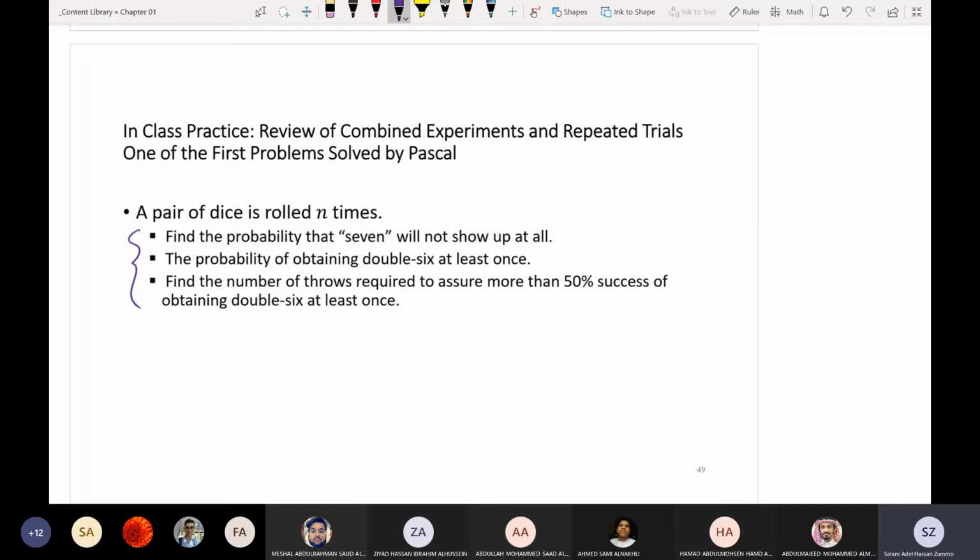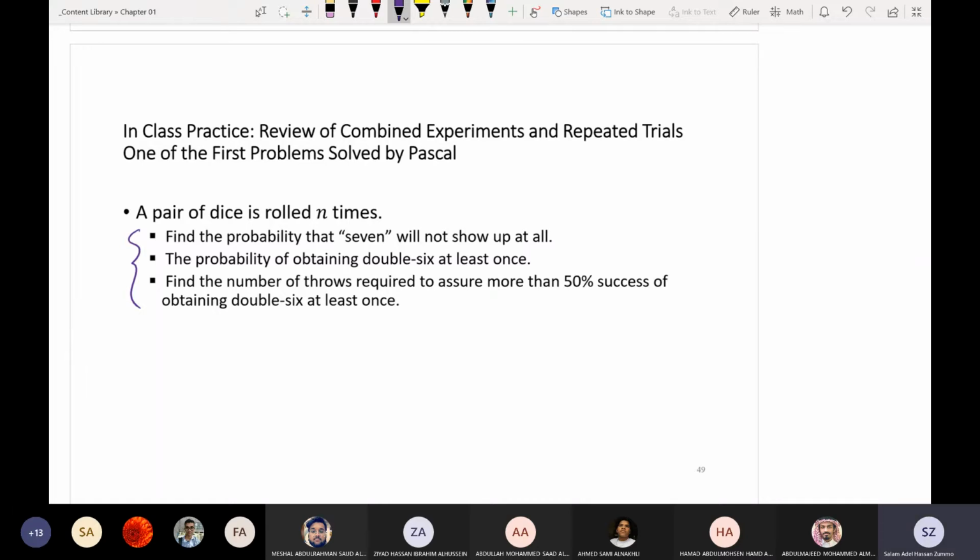Find the probability that 7... So we are looking here at a pair of dice rolled n times, and every time we look at the sum of the two numbers coming out of the pair. So every time we repeat, we have two dice, and we look at the sum of the two numbers on the two dice. And we are interested in finding the probability that 7 will never show up in n times.